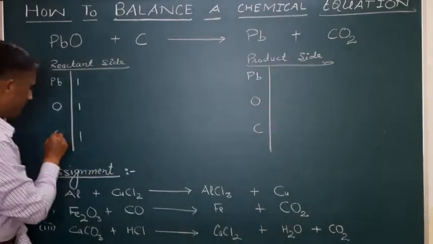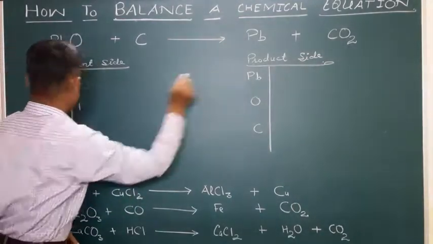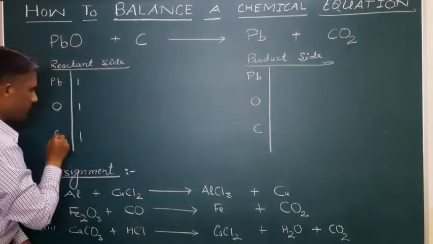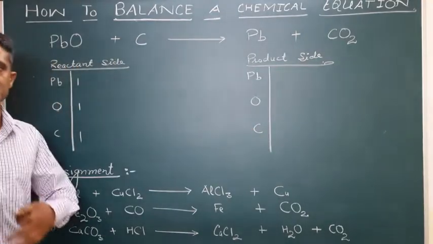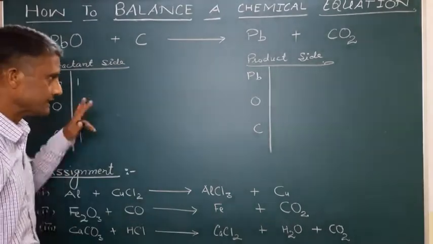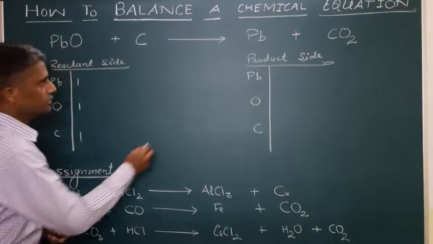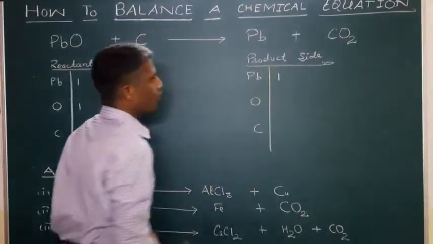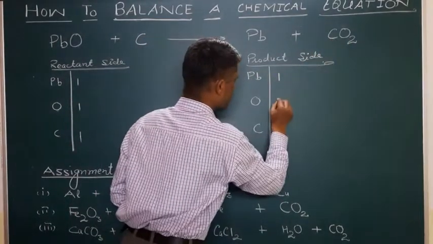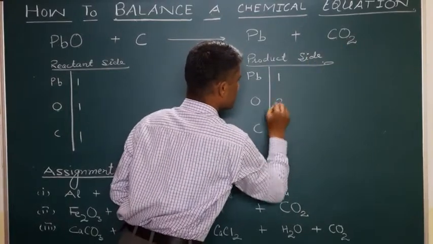Ensure that every element comes in front of one another: lead, lead, oxygen, oxygen, carbon, carbon, so that it becomes far easier to relate them in order to balance the given chemical equation. So lead, number of atoms 1; carbon, number of atoms 1; oxygen, number of atoms 2.